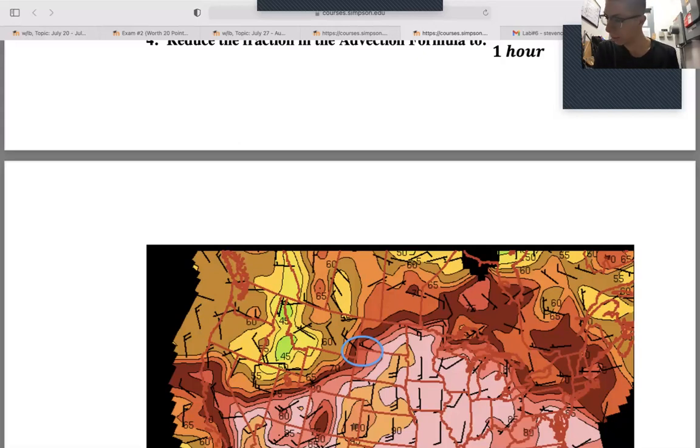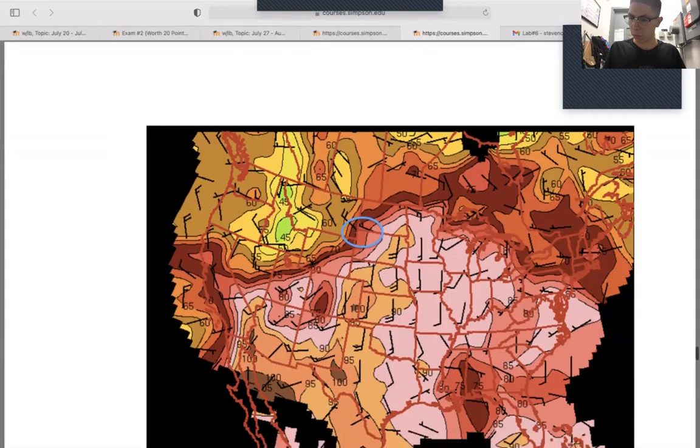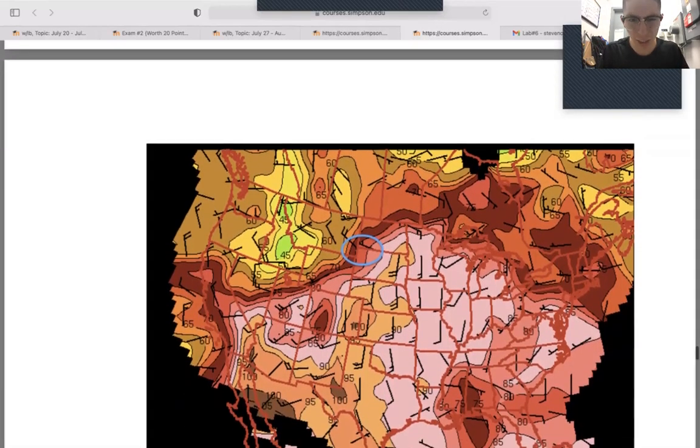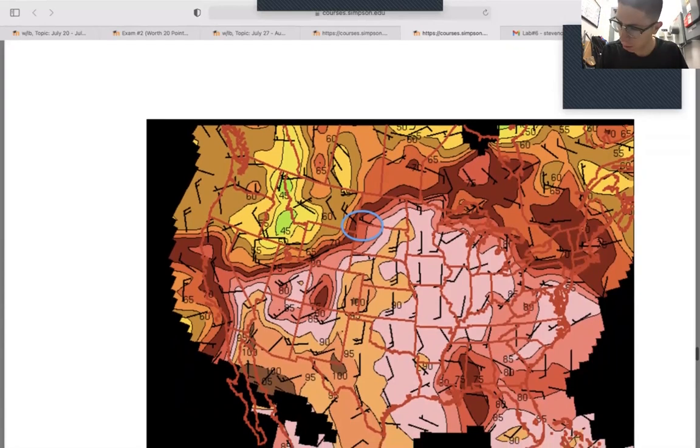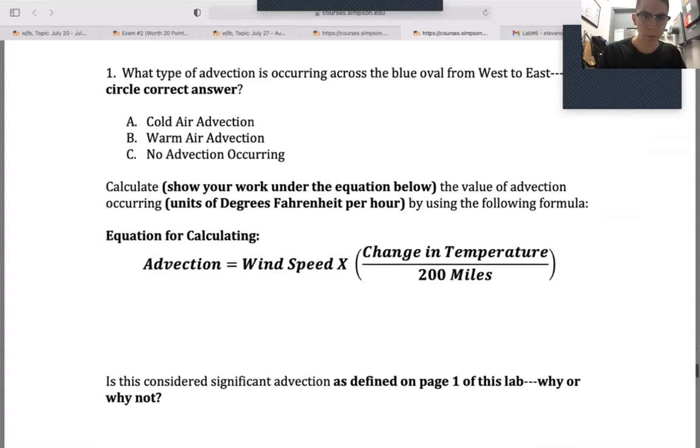So I said yes, because 0.5 plus is considered significant advection, and we have at least that. So now we move on. Let me just check that I didn't miss anything. No, we have it all down, so we're good.